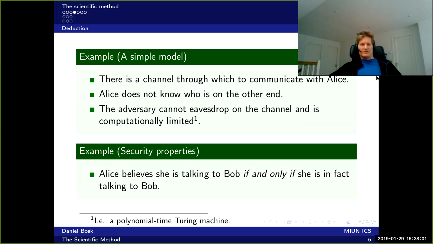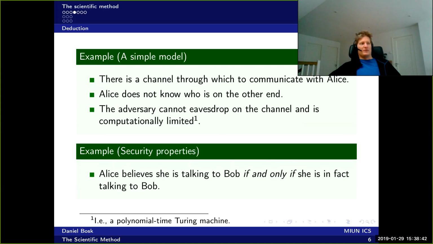So for instance, we have this very simple model. There is a channel through which to communicate with Alice, and Alice does not know who is on the other end. So imagine a pipe through which you can talk, and on the other end of the pipe, which might go through a wall or something, there is Alice, and obviously she can hear you, but she cannot see who it is. That's the system that we have, and the adversary that we imagine for this scenario cannot eavesdrop on the channel.